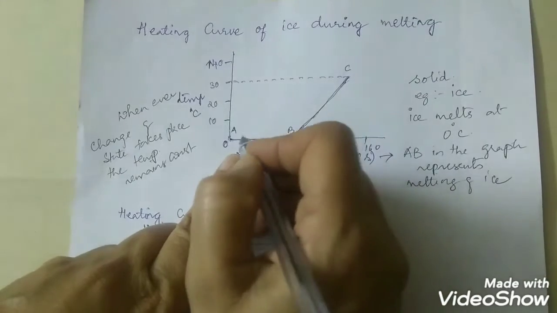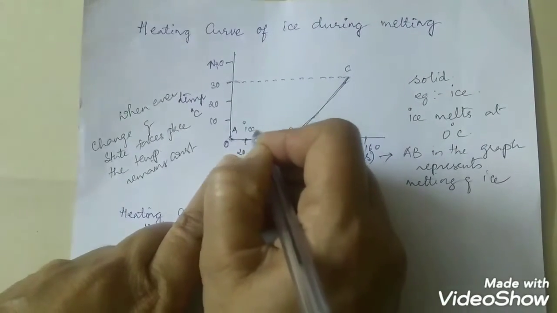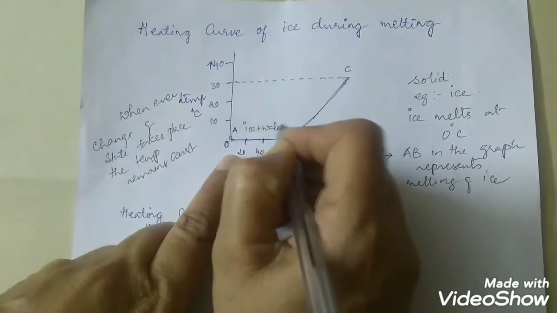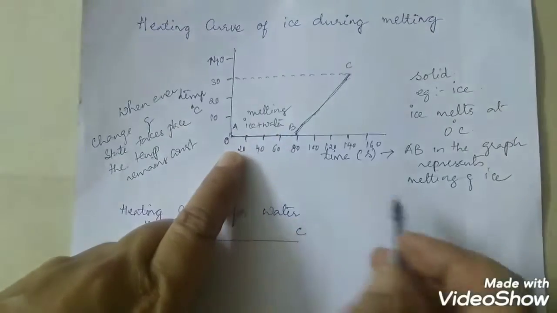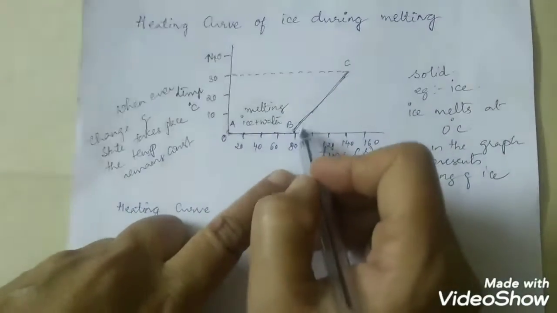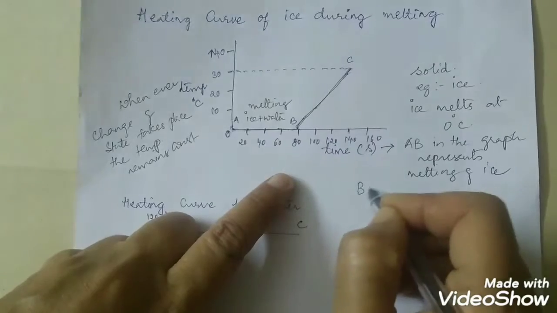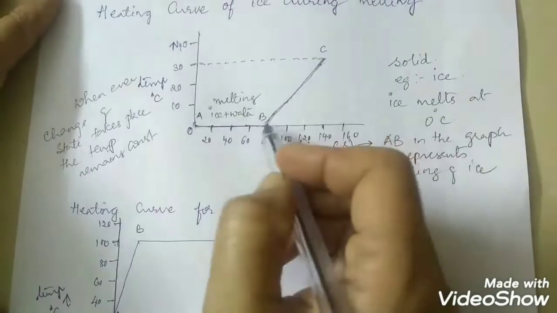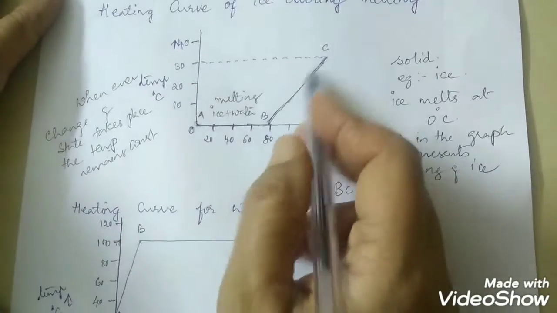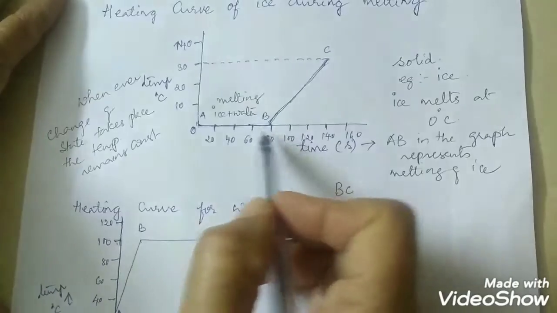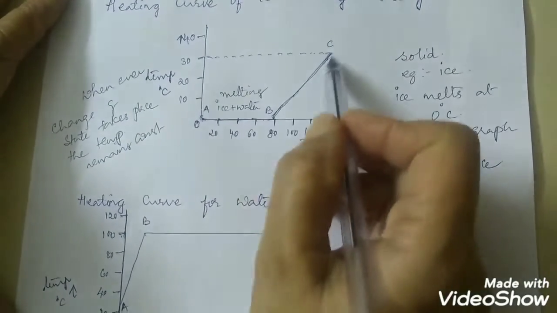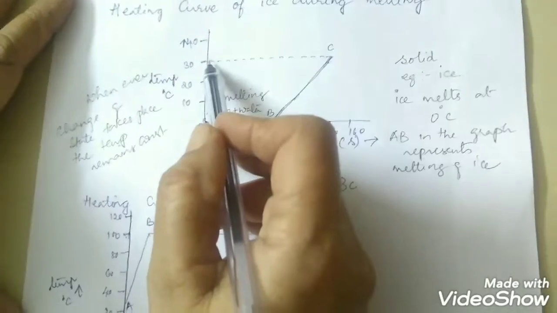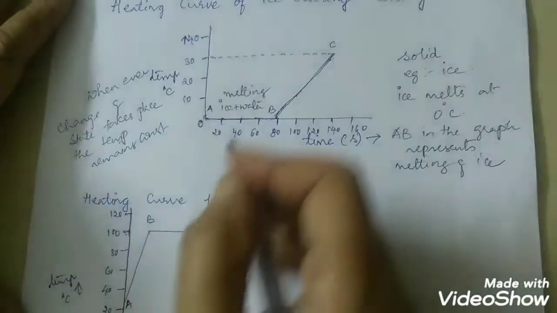So here, what is happening? Ice will be getting converted to water, and this is called melting. So AB represents melting. Next, the part BC represents rise in temperature of water. From point B there is a rise in temperature, up to 30 degrees Celsius.